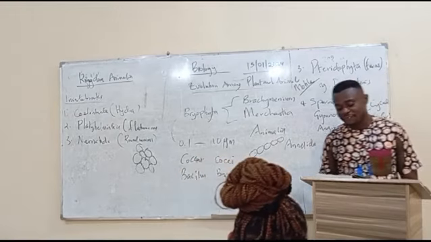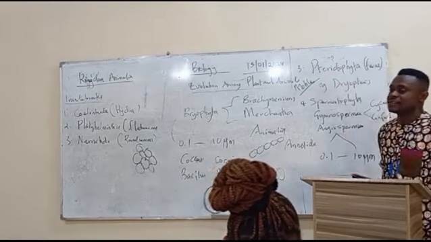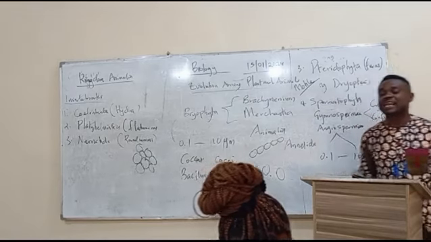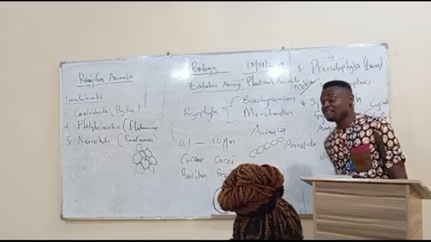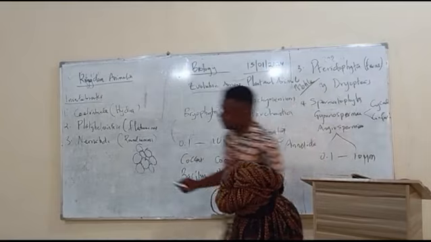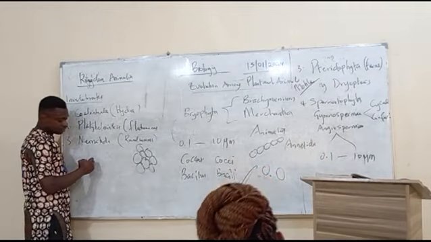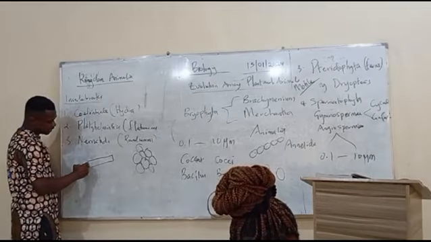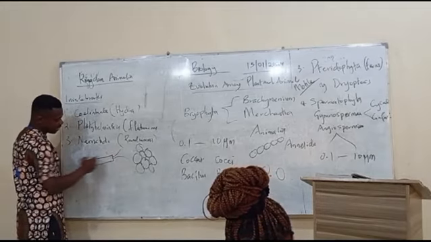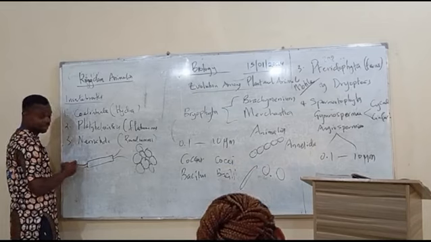Those that are motile have flagella. Like some bacilli, we have flagellated bacilli. They are like this. You know bacilli is rod-like, right? See how they look, see the flagella.